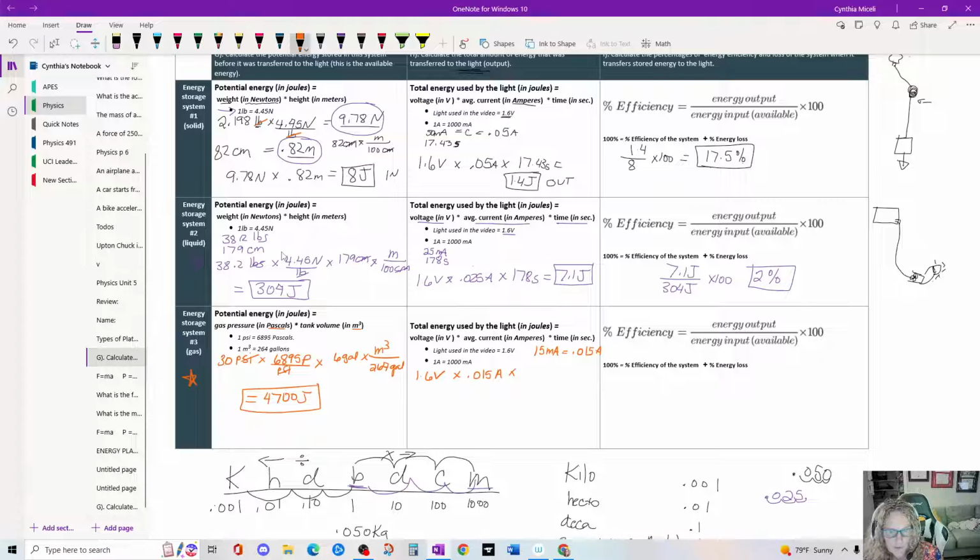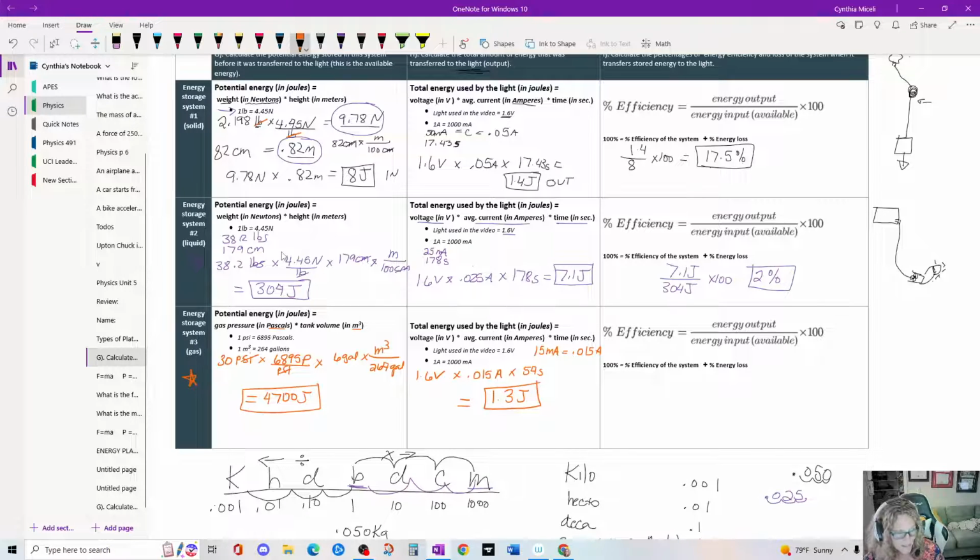And then we're going to multiply it for the amount of time. And this one, the time was 54 seconds. That was off the video. So if we multiply those 3 numbers, we get 1.296 joules. So I'm going to round that to 1.3 joules.